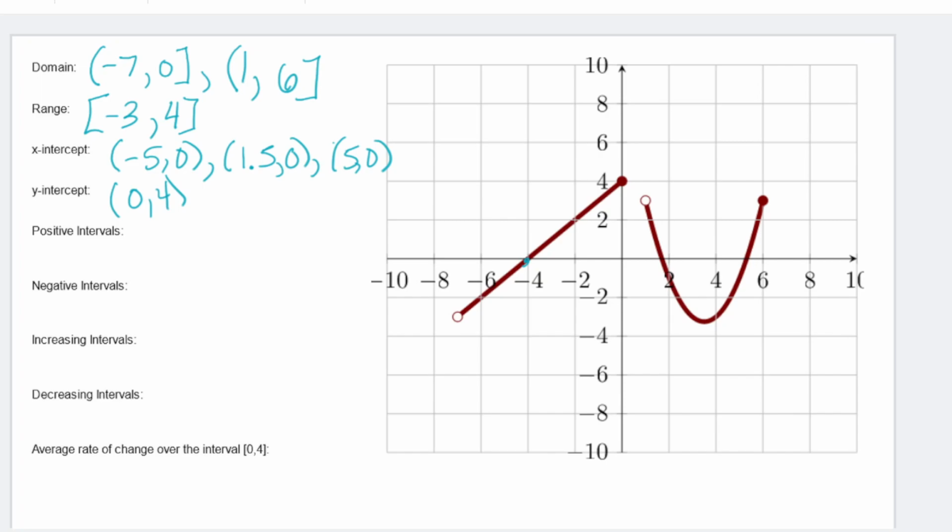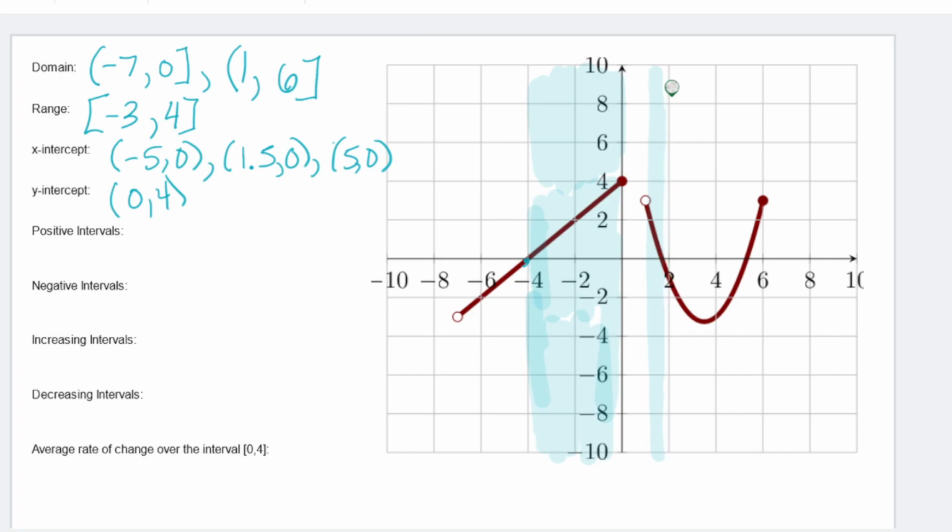All right, so the next thing we need to do is find our positive intervals. Remember with the positive intervals, I'm looking for the parts of the graph that are above the x-axis. So this part of the graph is above the x-axis, and then there's kind of a hole there, right? And then, ugh, this part's kind of ugly to color because it's not all the way to the line, so don't get too color happy with your intercept.